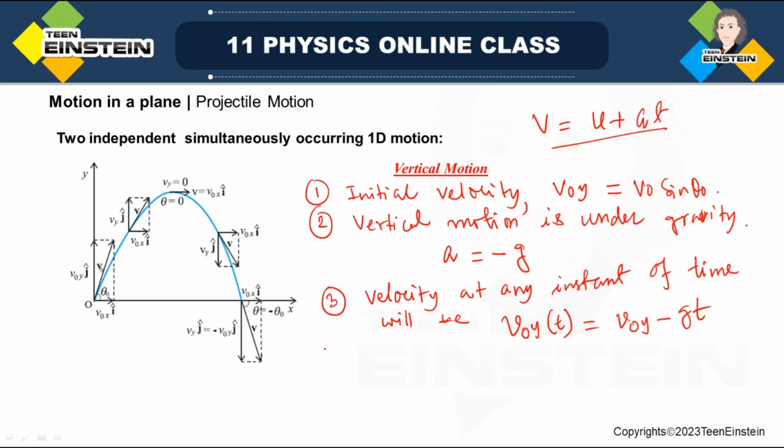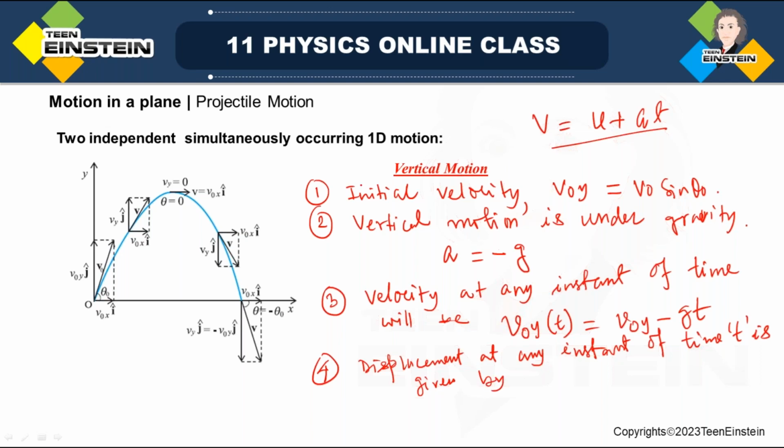Then what will be the displacement in this case? Displacement at any instant of time t is given by, we know s is equal to ut plus or minus half at square, right? In this case a is minus g.